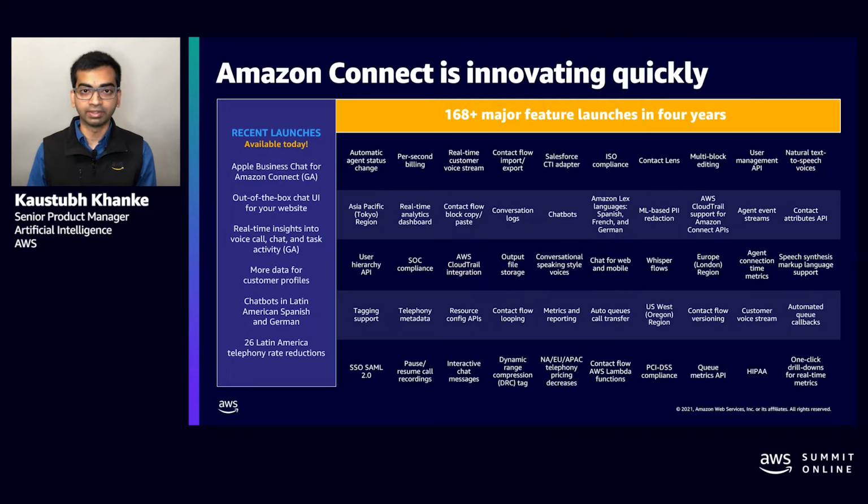As of last month, Apple Business Chat for Amazon Connect is now generally available. Other recent launches include an out-of-the-box chat UI for your website, real-time insights into voice call, chat, and task activity, and 26 Latin America telephony rate reductions. For this session, let's dive into one of the major launches from this list, Contact Lens.